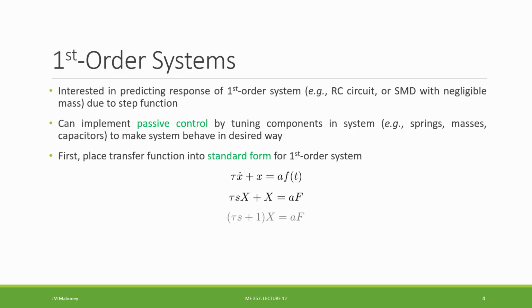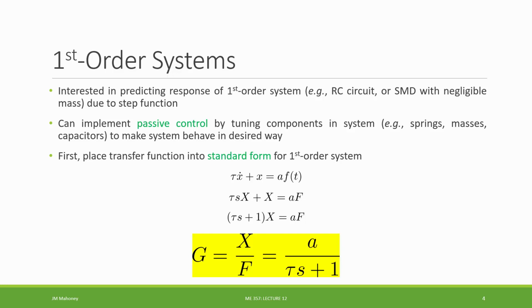So I can group the coefficients of X together, tau s plus 1 on the left-hand side. And now I want to make the transfer function this time. I don't want to do the inverse Laplace transform. So I want to find X over F. So I can divide both sides by that tau s plus 1. So I get a transfer function, I'll just call it G, which is my output X over my input F, is going to be a over tau s plus 1.